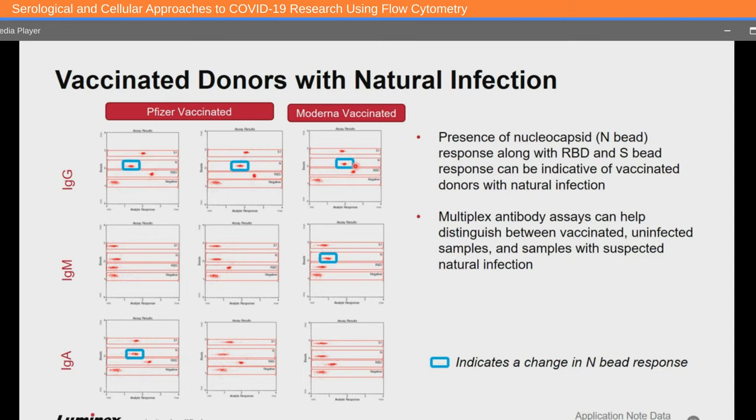And this is indicative of the fact that these donors might have had natural infection, due to which we are seeing antibodies against the nucleocapsid antigen. These kind of multiplex antibody assays can thus help distinguish between a vaccinated, uninfected sample and samples with suspected natural infections for certain vaccination types that are against the spike or RBD proteins.